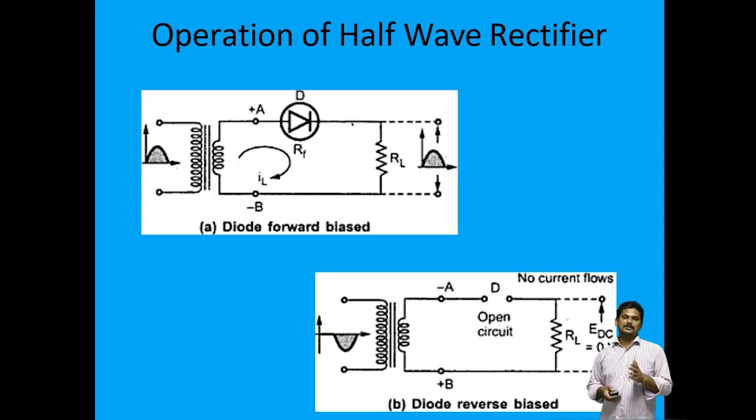Whenever the negative cycle of the input signal arrives at the diode anode terminal, the diode is reverse biased, so that part is not allowed by the diode. So finally, the output of the half-wave rectifier will be only the positive half cycle of the given input AC signal.